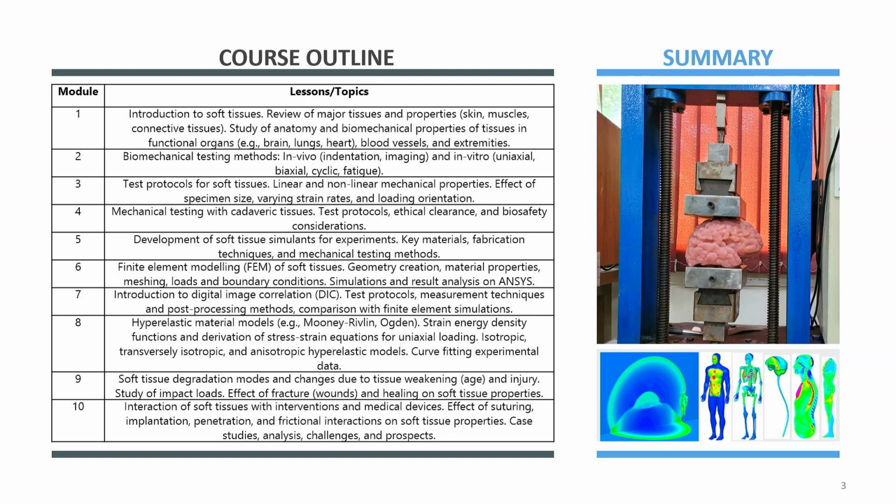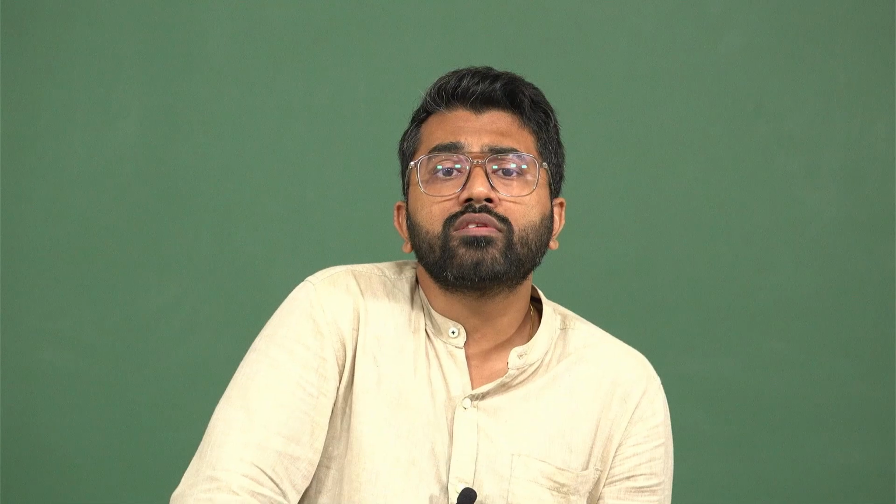We'll also briefly touch upon the anatomy and the biomechanical properties of tissues in the functional organs, such as brain, lungs, heart, blood vessels, and the extremities. How have we picked these particular organs and the extremities? These are typically the organs or soft tissues which are exposed to injuries and diseases.